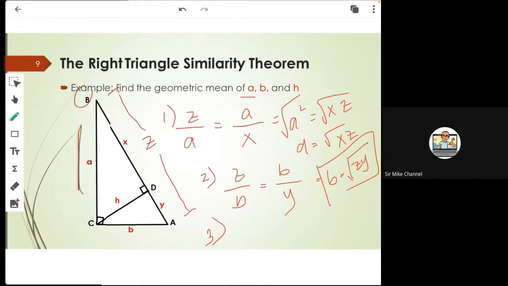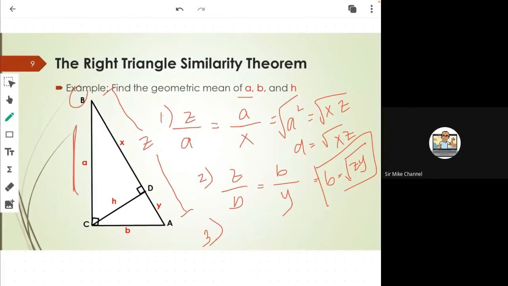What is the answer? Number 3? Nandyan ba si Yashiling de la Cruz? Okay, meron ka bang sagot para dito? H over C po.